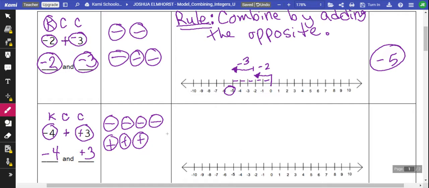Okay, so going to the number line, our first integer starting at 0. So we're going to start at 0, identify that, and it's negative. So we're going to go negative, negative, negative, negative. So we go 4. And then we actually turn around and then we go in the positive direction. So this is the negative direction. This is the positive direction.